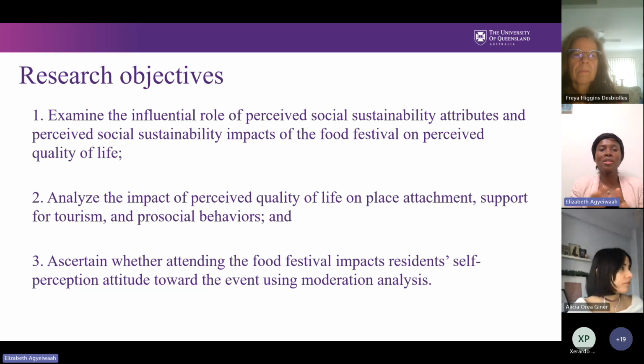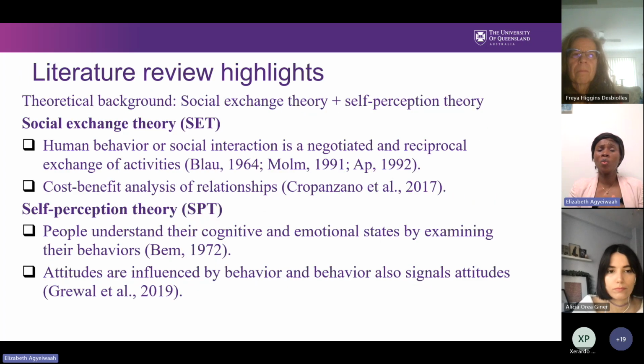And to be able to do that, we needed some theories to help us anchor these objectives and to test them and to produce very robust results. So there are two theories I want to share with you that we use to work through these objectives. The first one, which is very popular, is social exchange theory. Basically, social exchange theory tells us that social behavior is a result of an exchange process, right?